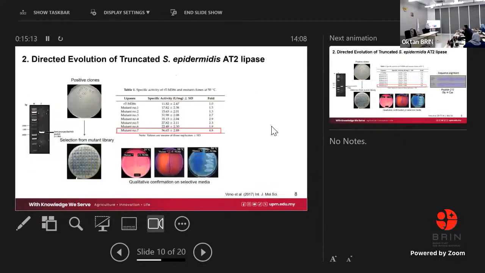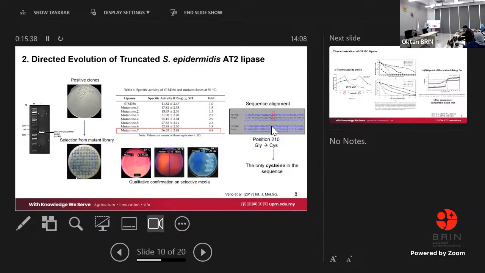Okay, and then the second study, on protein engineering to improve the properties of this enzyme: we did directed evolution of the previously truncated Staphylococcus epidermidis 82 lipase. We did error-prone PCR. The aim was to improve the thermostability of this enzyme, hoping that it has a broader temperature profile.